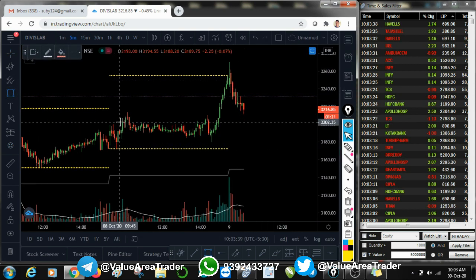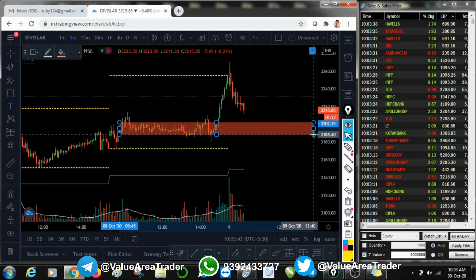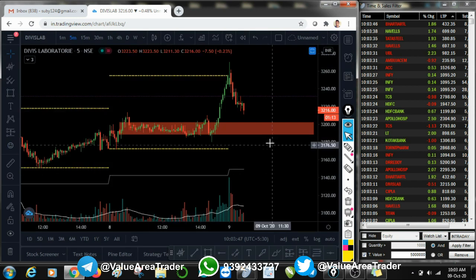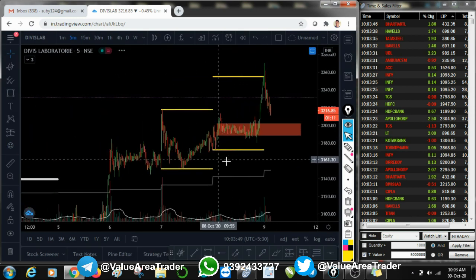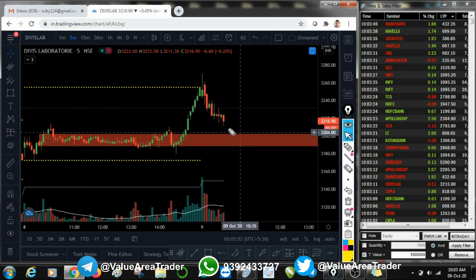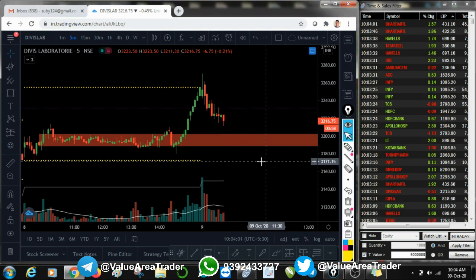These congestion areas are very important areas in your charts, because they show where all the positions were built. Let the price come back to this area and see some reaction here. Then we will take a buy trade here if the pattern is looking good.